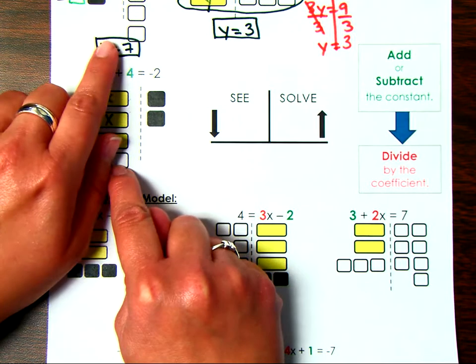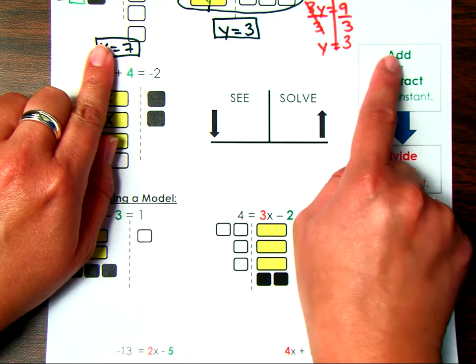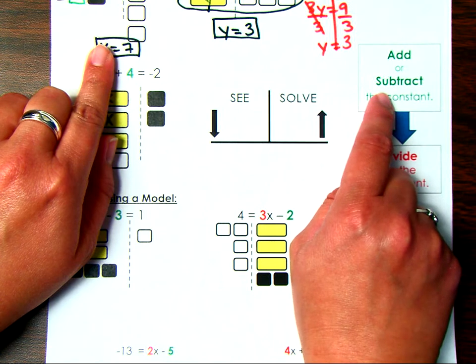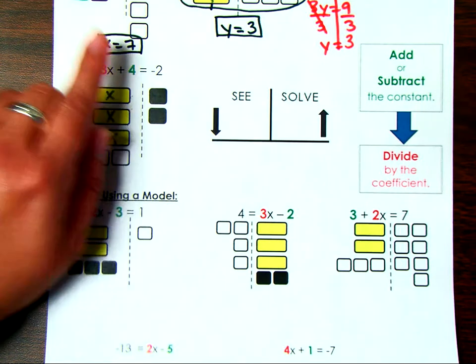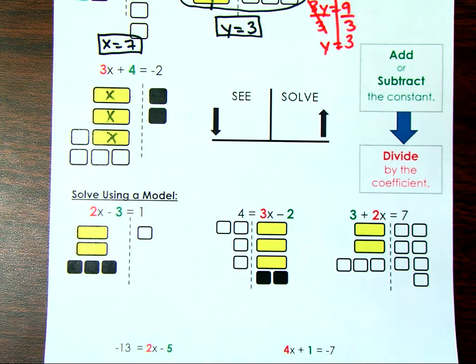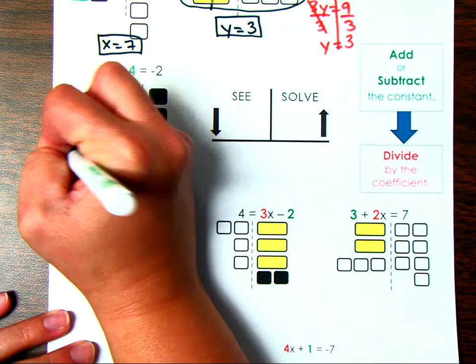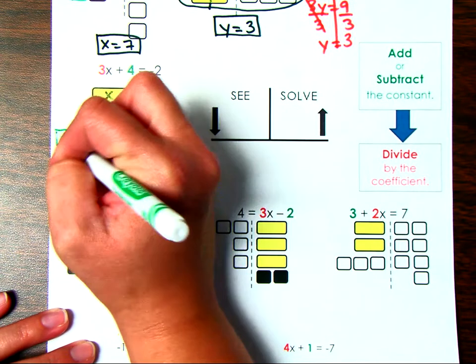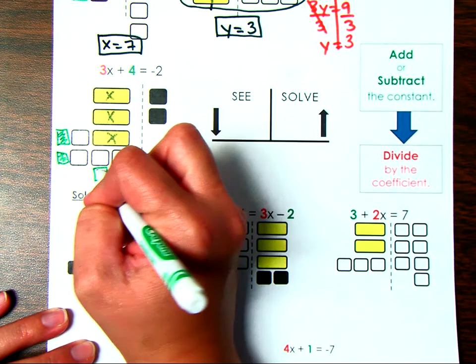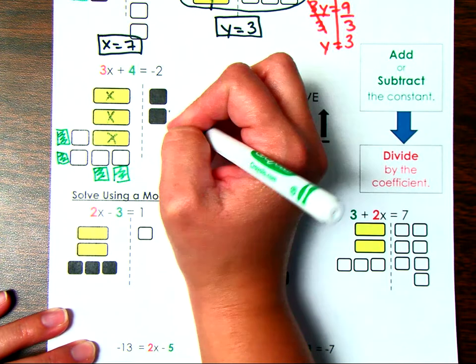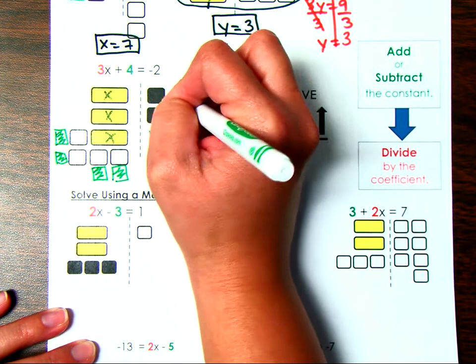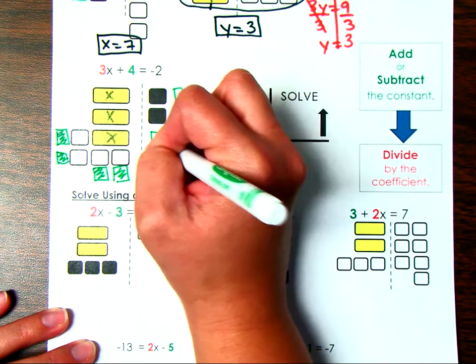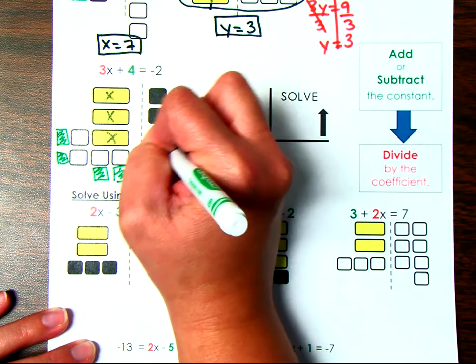That's why we're adding or subtracting. Remember, it's the inverse. So the opposite of 4 positives is 4 negatives. So 1, 2, 3, 4. And I shade them in because they're negatives. And what I do to one side, I do to the other. 1, 2, 3, 4. Shade those in.